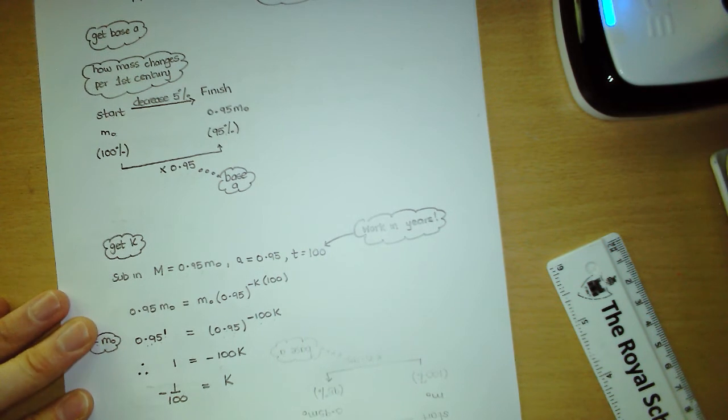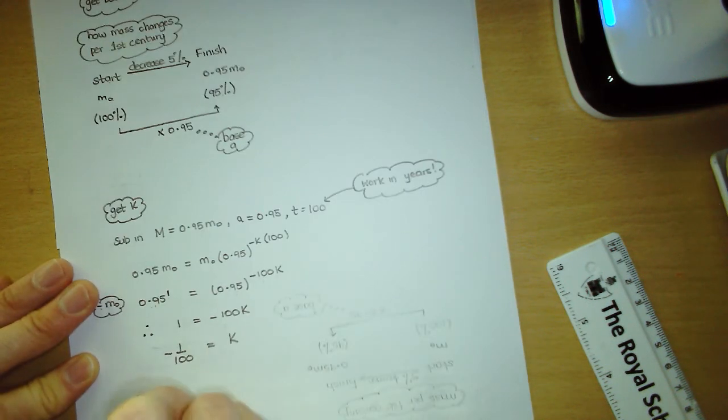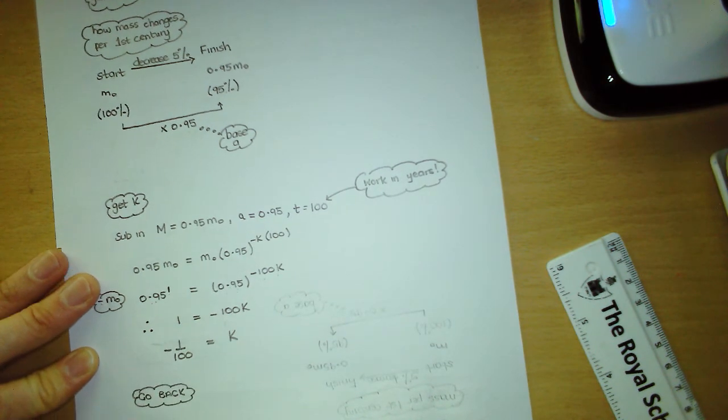So that's super news. We've got the base, we've got the constant. So we're now going to go back and write down the index equation which models the decay of this radioactive substance.